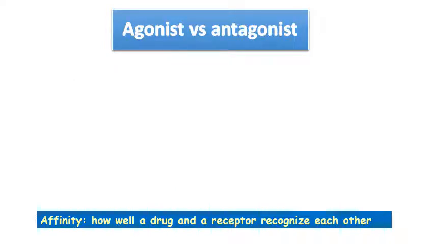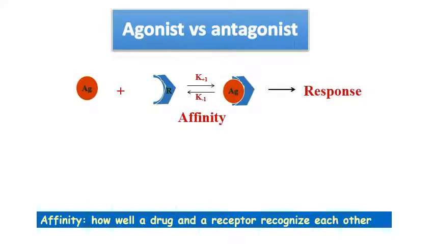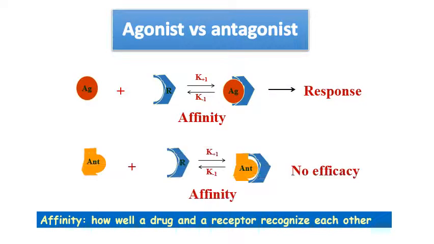Affinity. We will talk about the affinity of the drug to a receptor. The affinity is represented by this figure, when a drug like an agonist has the ability to bind to a receptor and produce drug receptor interaction.